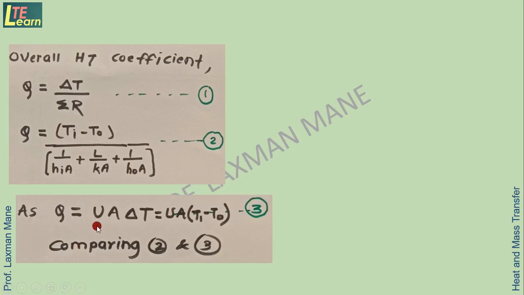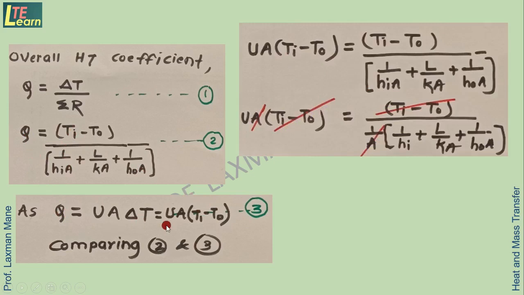Then Q, in another way, can be written as U into A into delta T, means UA into Ti minus To, say equation number 3. Comparing equation 2 and 3, here the left hand side is Q, so we can write the right hand side as UA Ti minus To, and this expression here.